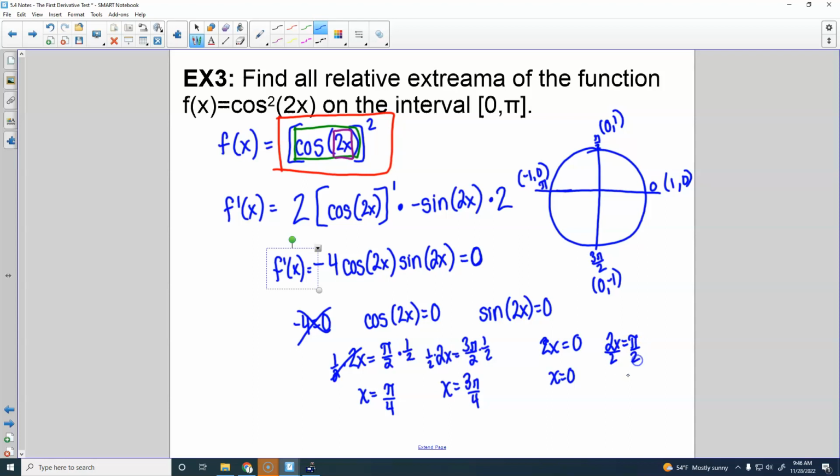If we divide by 2 there, we get x equals pi over 2. And it also equals 0 at 2 pi, which is not in the interval we're looking at, but when we divide it by 2, we get x equals pi, and that is on the interval that we're looking at.